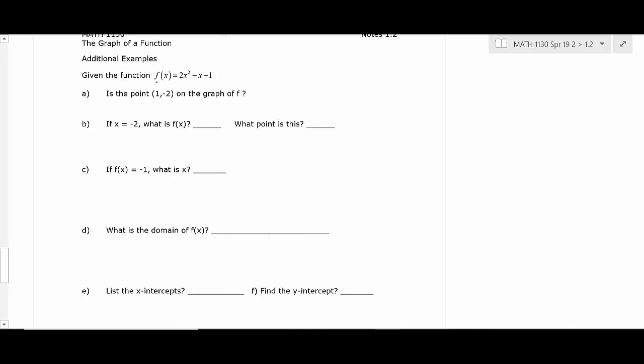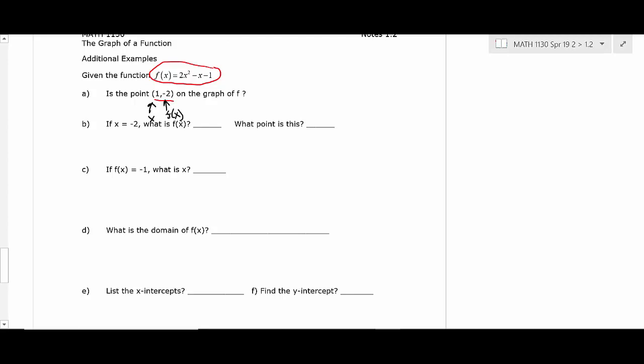With this, you're given this function, and then the question is whether this point is on the graph. So what would you do to tell if that point 1, -2 is on the graph without a graphing calculator? Plug it in, exactly. This is x, that's f of x, your y value.